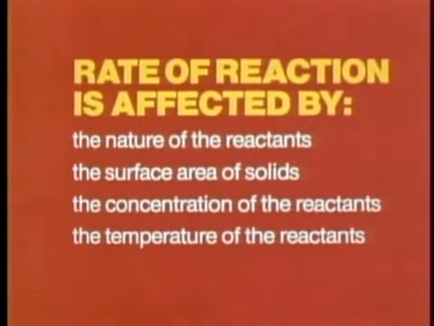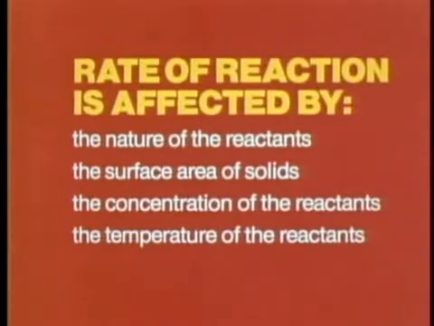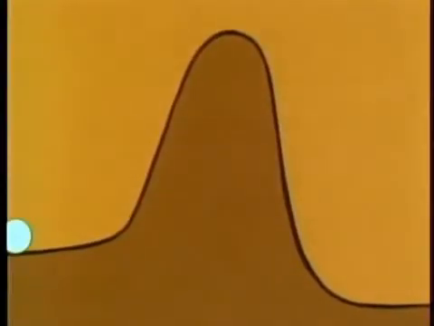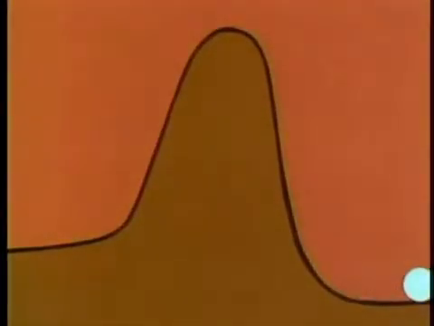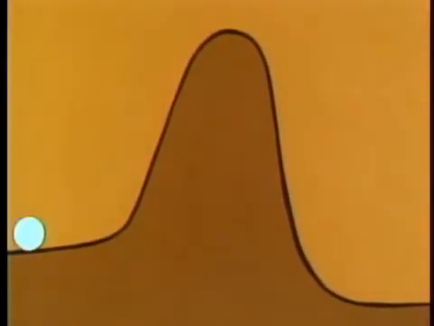Here's how. Let's think of a reaction in terms of a hill and a ball. In order for the ball to roll over the hill, it must have a certain amount of energy. We can think of this as the activation energy for a reaction. If colliding particles have enough energy, activation energy is achieved and a reaction takes place.